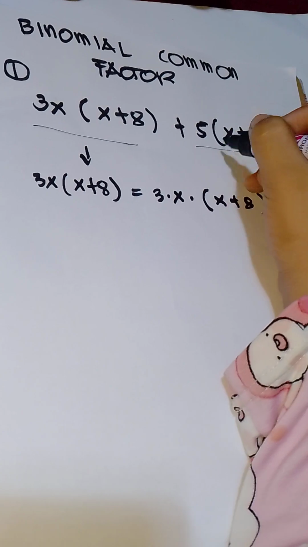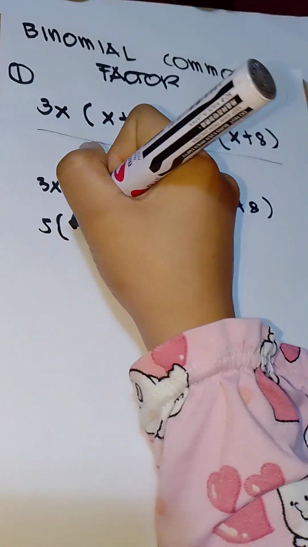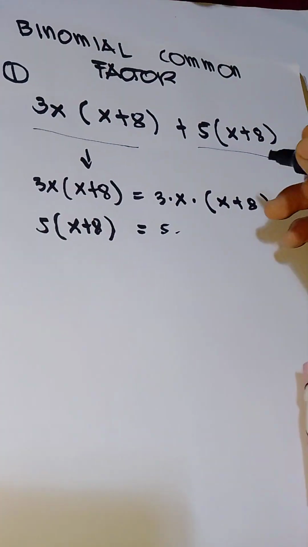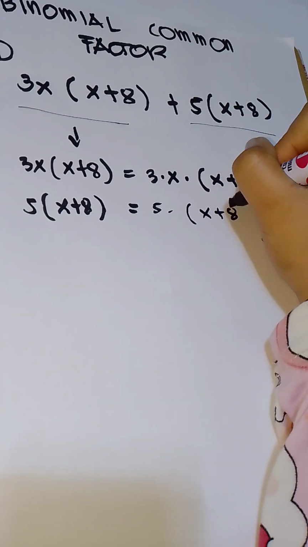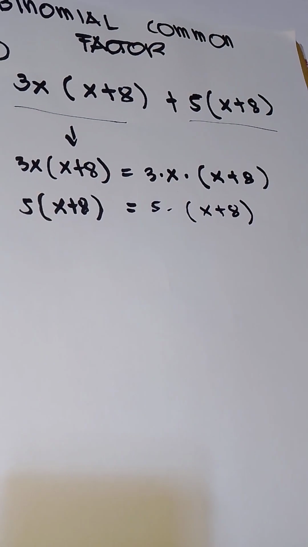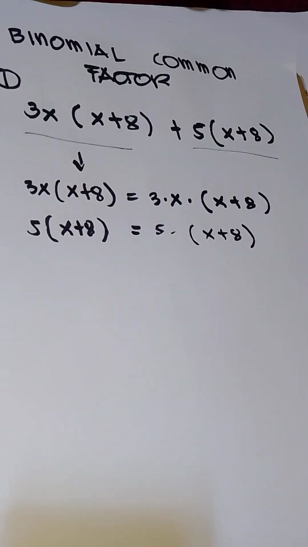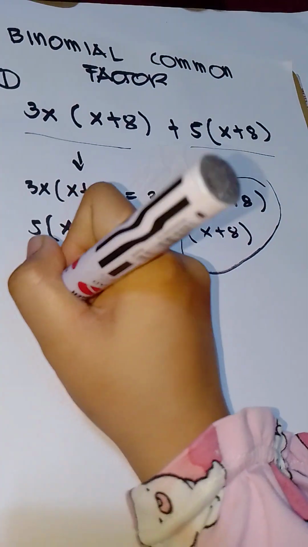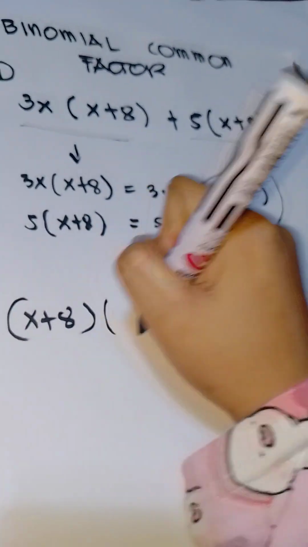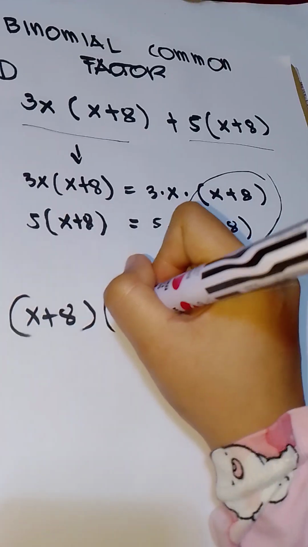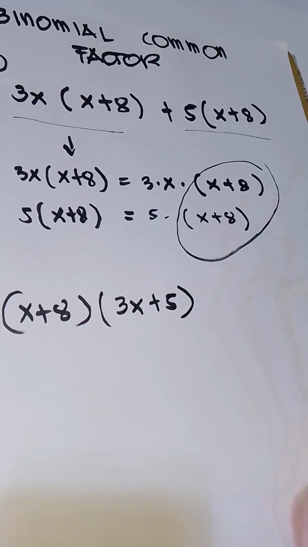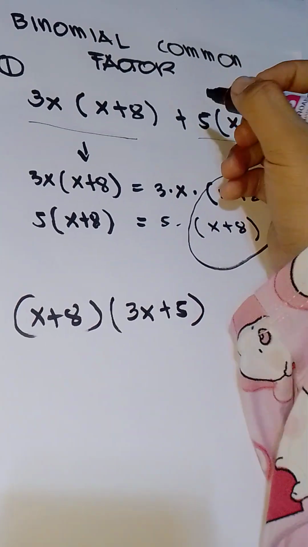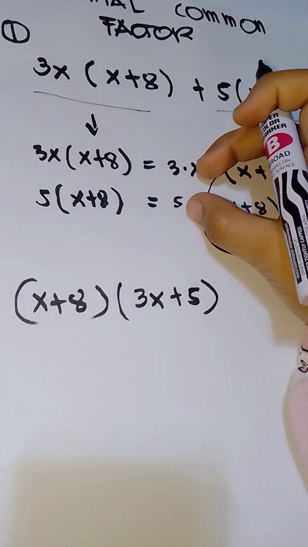And we also have the second term, 5 times x plus 8. So 5 is a common factor, multiplied to x plus 8. As you can observe, we have x plus 8 as our common factor. So we will put x plus 8 together, and then 3x plus 5 together as one binomial.